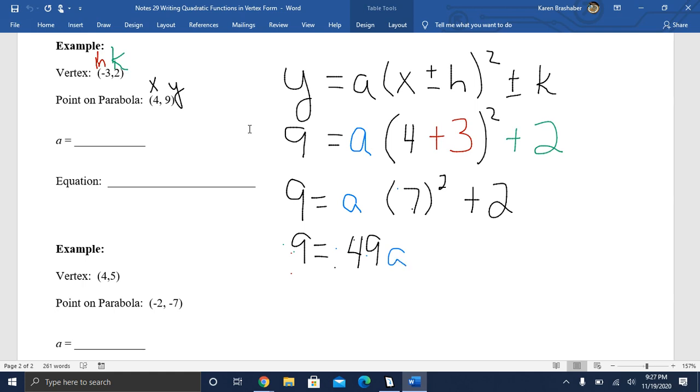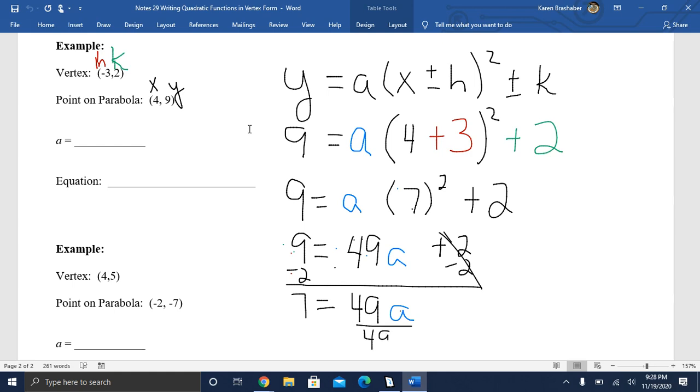So now you've got a really simple equation to solve. We're going to minus 2 on both sides of the equal sign. So that gives us 7 equals 49a. Those are going to cancel. Now, you do have to divide by 49, and that's going to cause you to have a fraction. So divide by 49 on both sides.